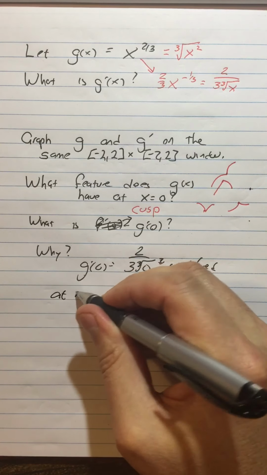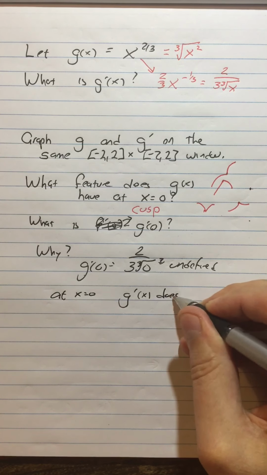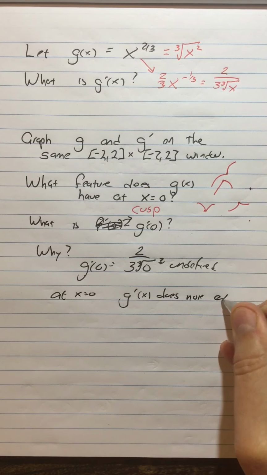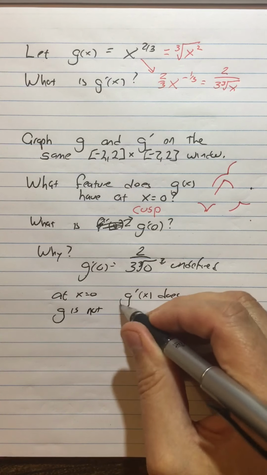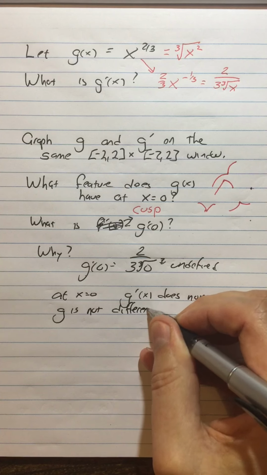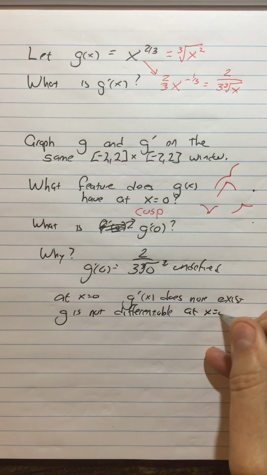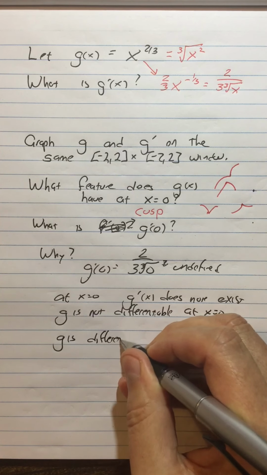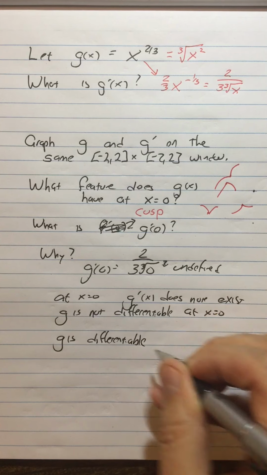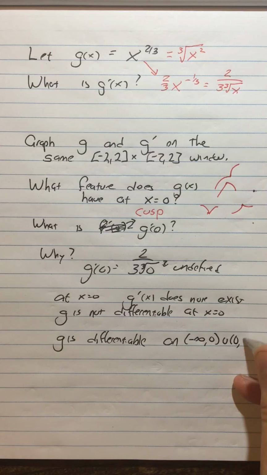So at x equals 0, g prime of x does not exist. So we can say g is not differentiable at x equals 0. And we can say g is differentiable on negative infinity to 0 and 0 to infinity.